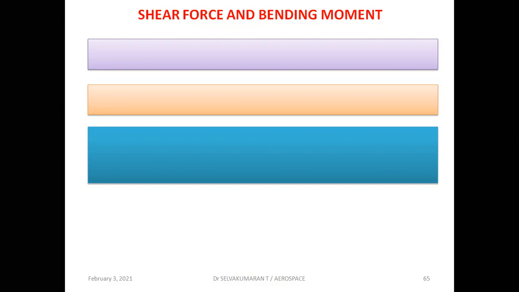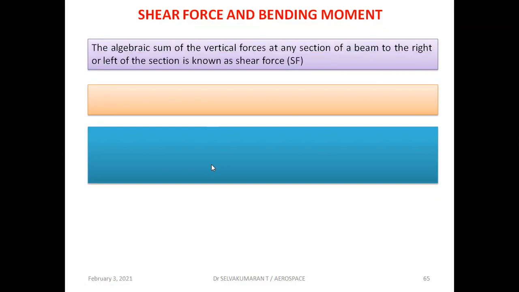So by definition, what is shear force? The algebraic sum of the vertical forces at any section of a beam, to the right or left of the section, is known as shear force, which is represented by SF, capital letters.